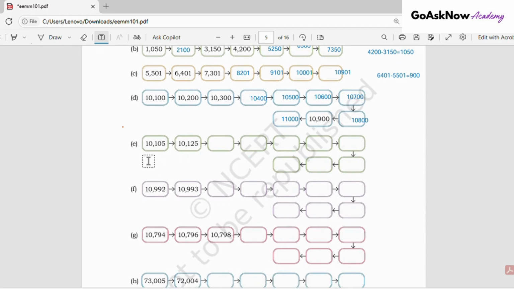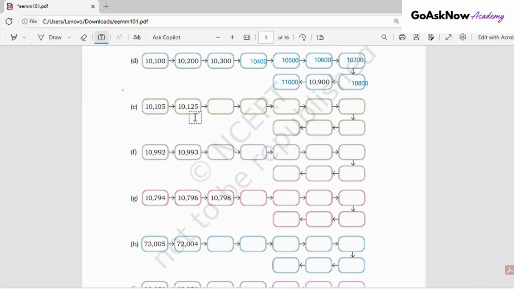Then for part E, here the difference is 20. That means 10,125 minus 10,105, which is 20.